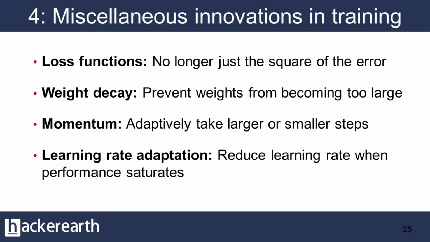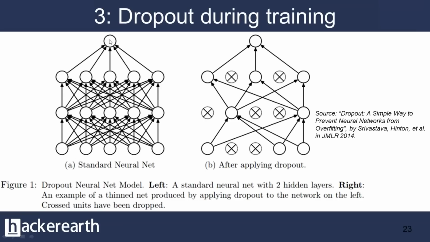Miscellaneous parts of how to train the neural network. Probably the most important is the loss function. If you look at its output, if it is wrong, then we have to compute a signal that will propagate back to the weights.